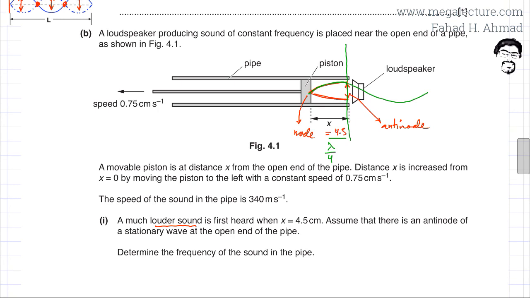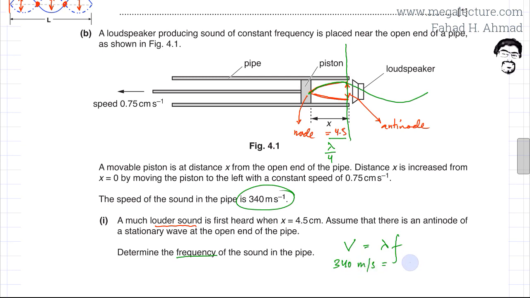So we're going to apply the formula V is equal to lambda F. Now the question is about determining the frequency. We already know the velocity of the sound is 340 meters per second.